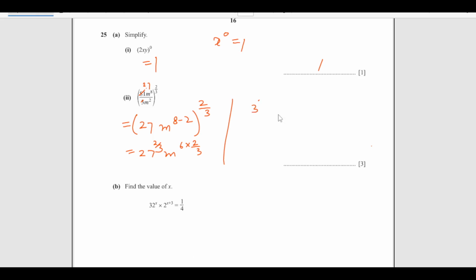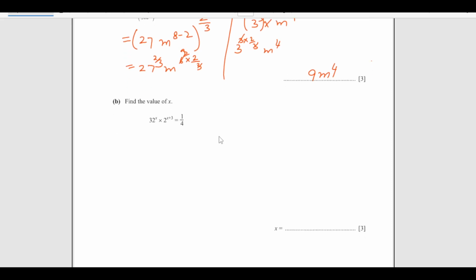So 3 power 3 into m power 6, times 2 over 3. 3 times 2 over 3 is 2, and 6 times 2 over 3 is m power 4. So this is gone. 3 squared is 9, so 9 m power 4, right?